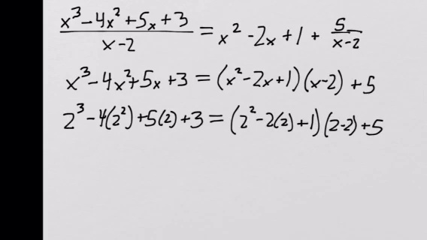Well, 2 minus 2 is just 0, so this entire term goes away, and if you look there, we're left with just the remainder that we had to begin with.